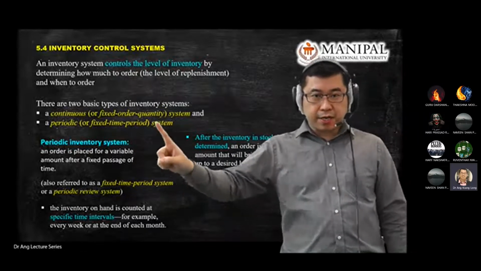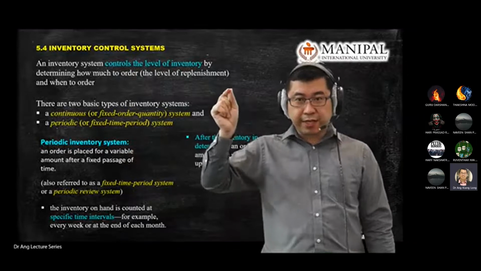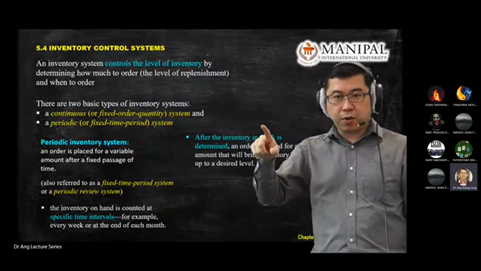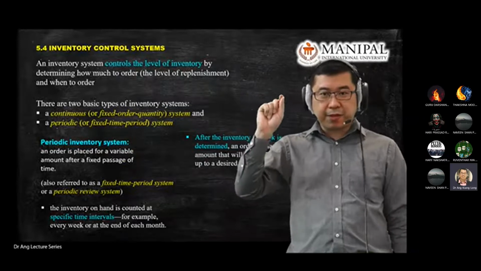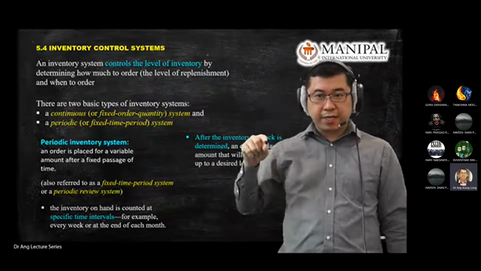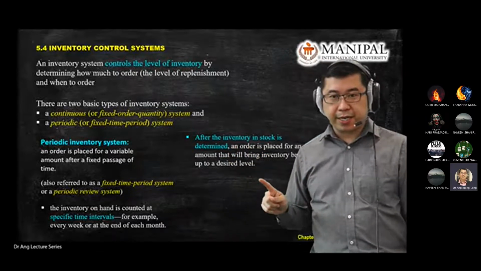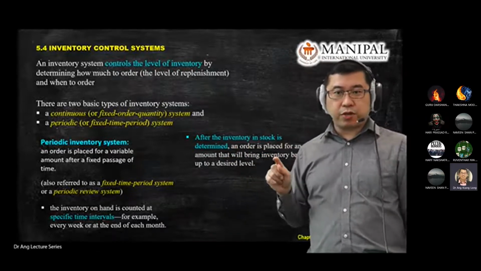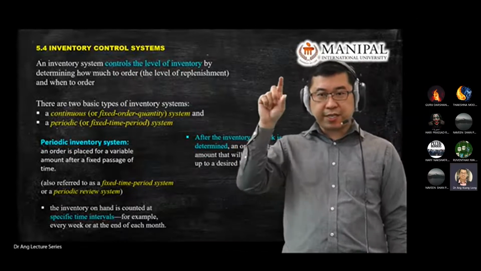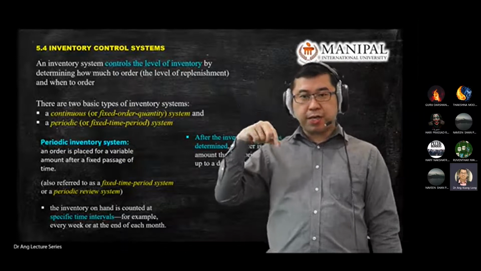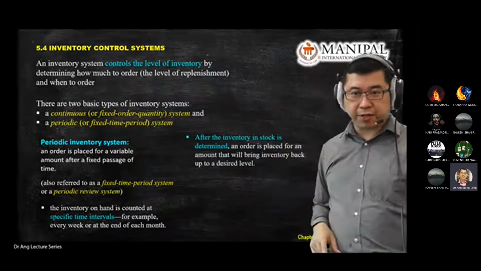In the periodic, it means after the time you set, like an alarm clock, after 24 hours or 1 week, the system will go and check. After 24 hours, you go and check, okay, how many items are inside there? Do you need to order or not? So it checks if there's a space there. You're going to trigger the PO, purchase order, and fill up the space in the inventory.